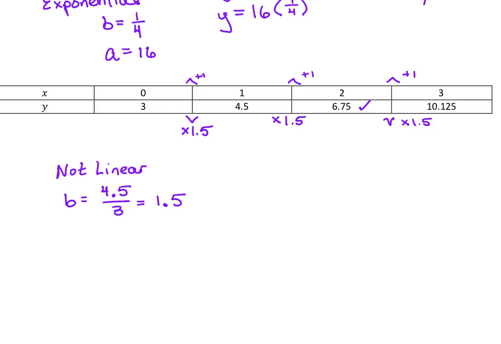All right, so we have our B. The other thing that we want is our A, which is our y-intercept. And our y-intercept is when x is 0. So what we have here is y equals 3. That is going to be my A value. So this is exponential.